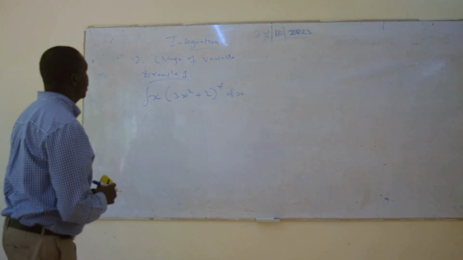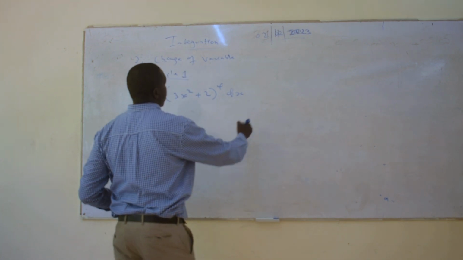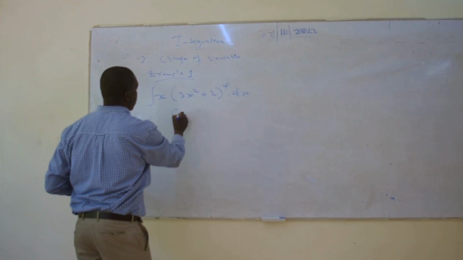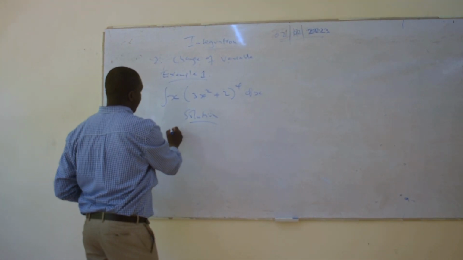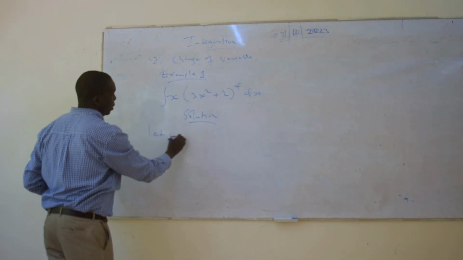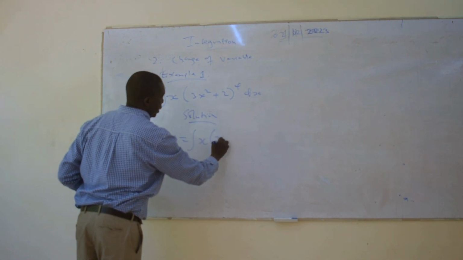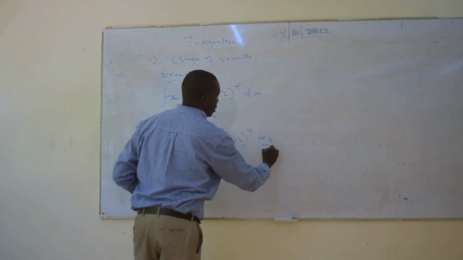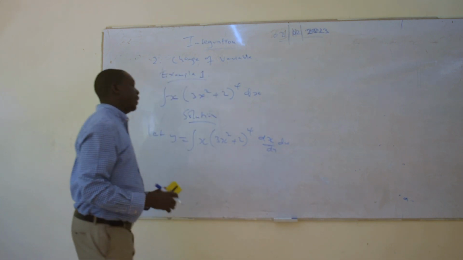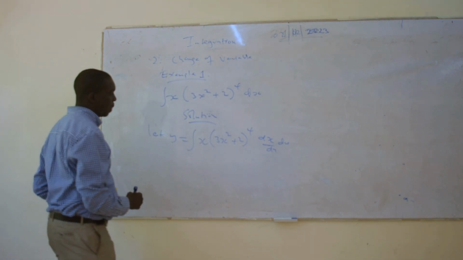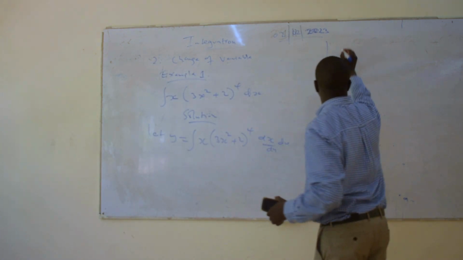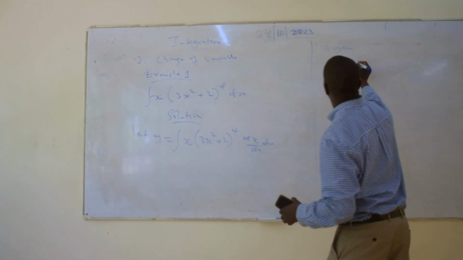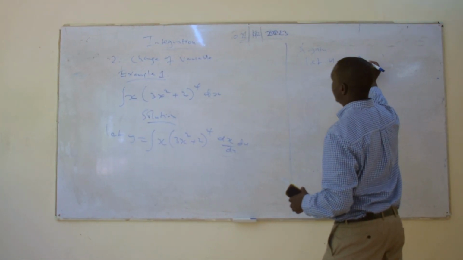In the change of variable technique or substitution method, we can let y be equal to the integral of x (3x squared plus 2) raised to power 4 dx. Again, let u be equal to 3x squared plus 2.